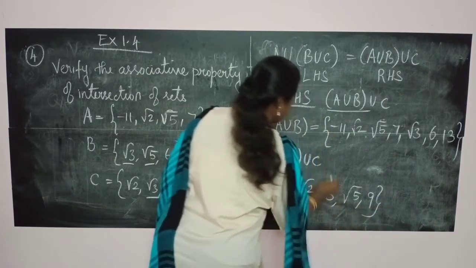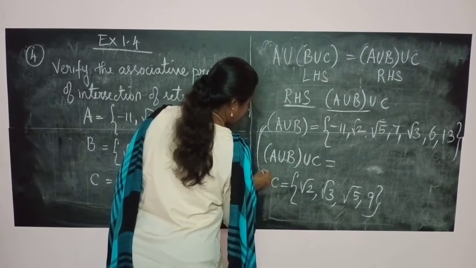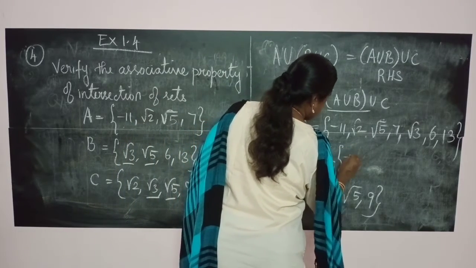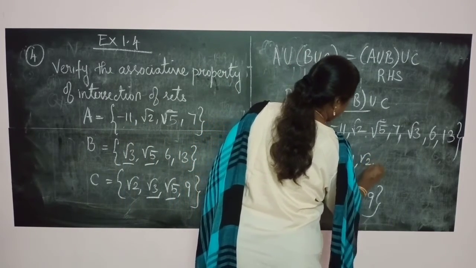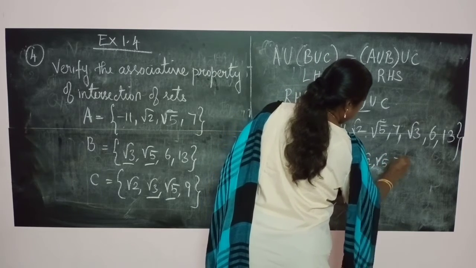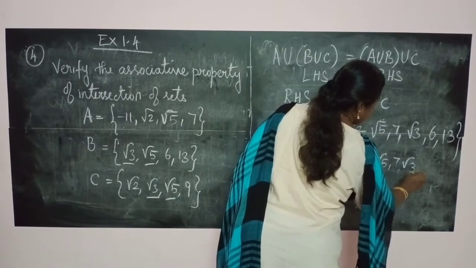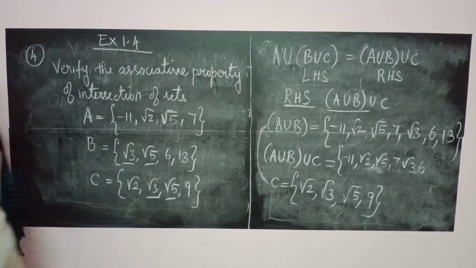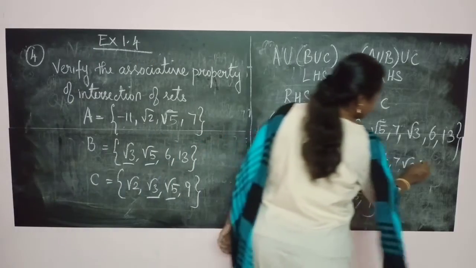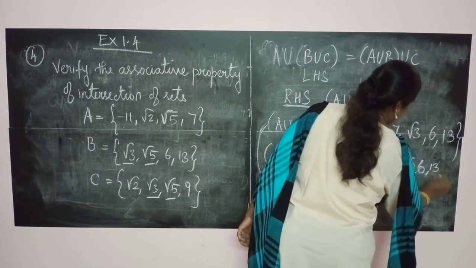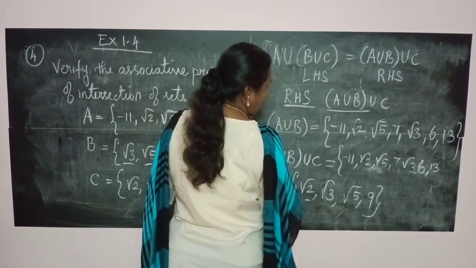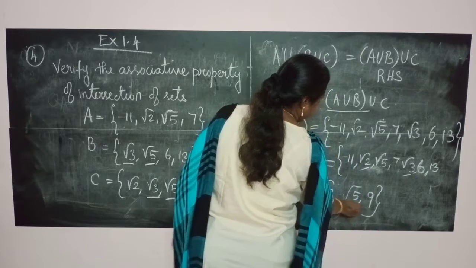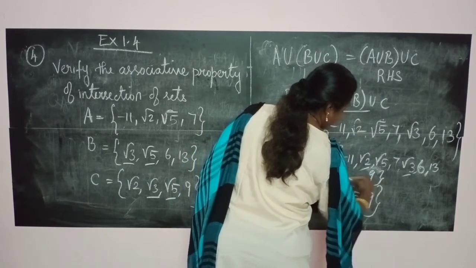These are the elements in C. So you are going to combine C and A union B. First I will write all the elements in A union B. Minus 11, root 2, root 5, 7, root 3, 6, 13. Then root 2 I have written already here. Root 3 I have written already here. Root 5 also, only 9 I didn't write, so I will write 9.